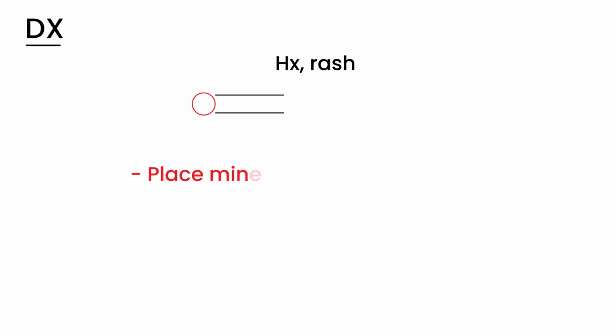So how do you diagnose this? Well, other than the history and the appearance of the rash, you take one of these burrows. This is the burrow and this is the papule, and you place mineral oil over the burrow.